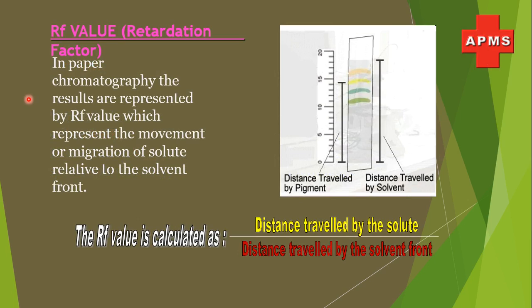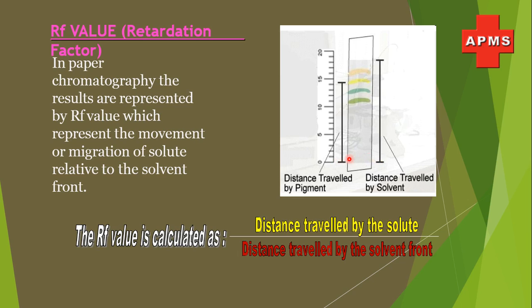Now, RF value, retardation factor value. In paper chromatography, the results are represented by the RF value, which represents the movement or migration of solute relative to the solvent front. So this is the starting line in this paper chromatography.